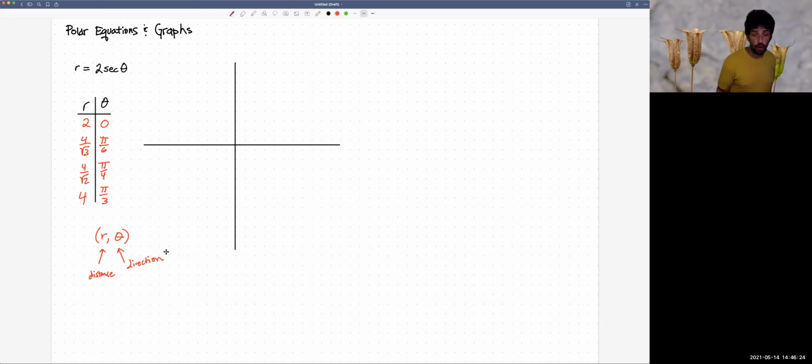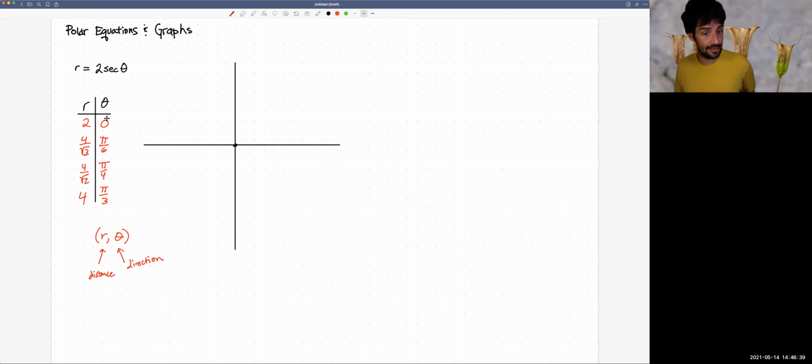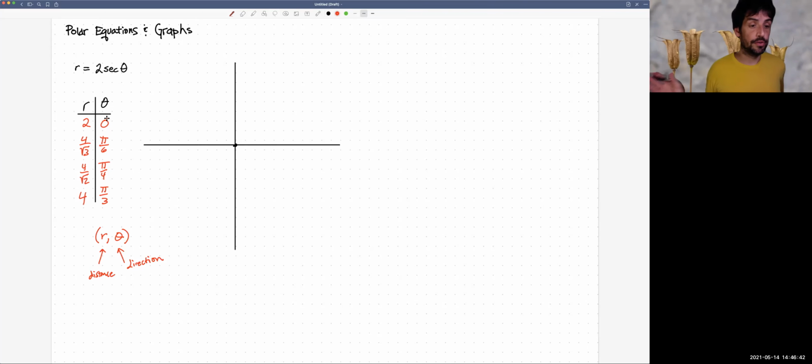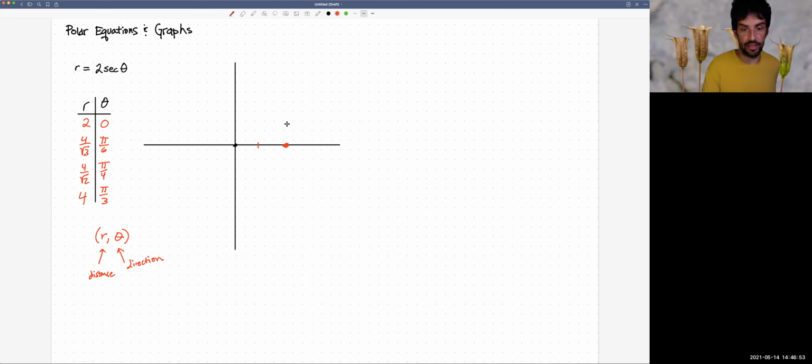Okay, so on this set of axes with the origin in the center, this first point, 2, 0, is saying point in the direction of a 0 radian angle, right? That's to the right, along the positive x-axis. And we want to go 2 units out. So I'll just put a little scale there. There's our point 2, 0.